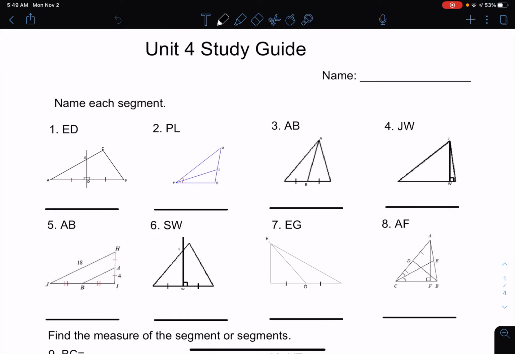So for this first one, number 1, ED, if you look back at your notes from when I made that video, I think it's probably the last time I was actually in class, this was the perpendicular bisector. Hopefully you remember that one, perpendicular bisector. Number 2, that looks like an angle bisector.